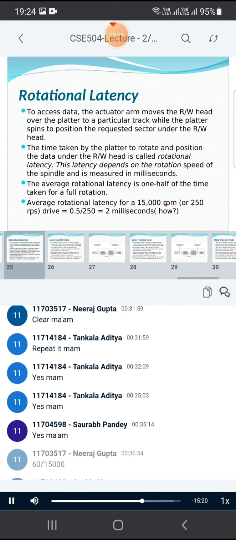So you need to calculate that 15,000 rotations can be done in 1 minute. What will be the time taken for one rotation? My question is, if 15,000 rotations are being completed in 1 minute, how much time would it take for one rotation?